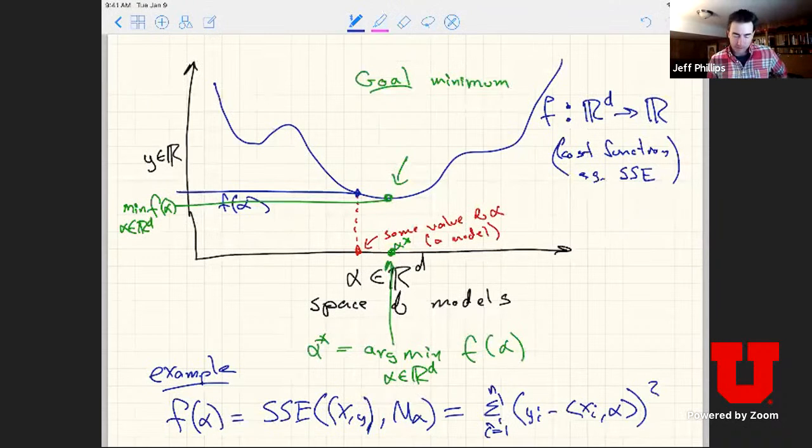Instead of thinking of this model term, m alpha of x_i, as a function of the data, we're now thinking of it as a function of the model, and we want to find the model which minimizes the cost. The cost is computed on the training data we're using, where we're trying to get the best prediction of the labeled values.